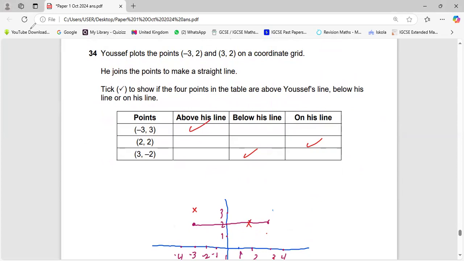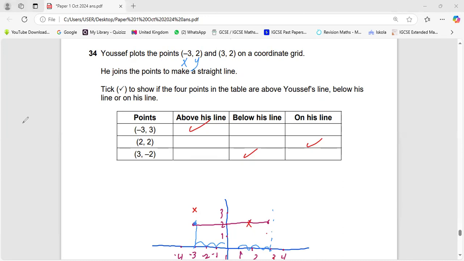Negative means here is x, you know this one is x, and here is y. On the x-axis he makes you plot -3. Here is -3, 1, 2, -3, and up 2. Here is the first point, and the second point is 3, 1, 2, 3, and up 2.